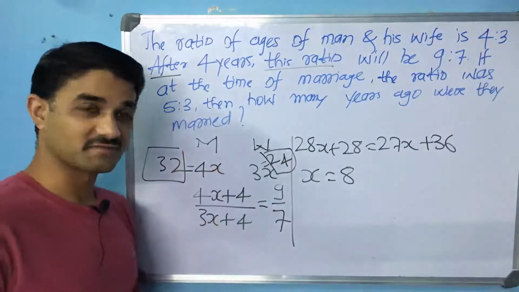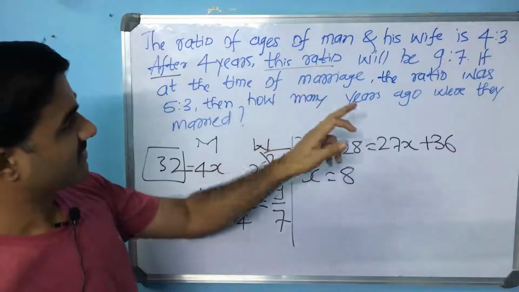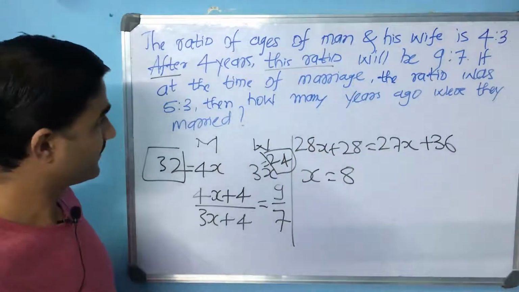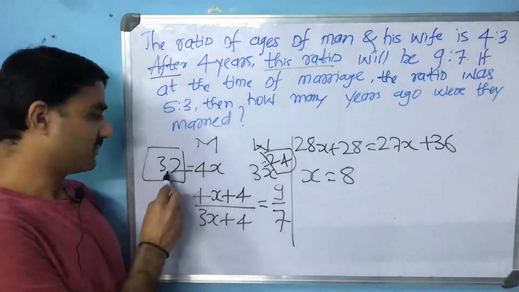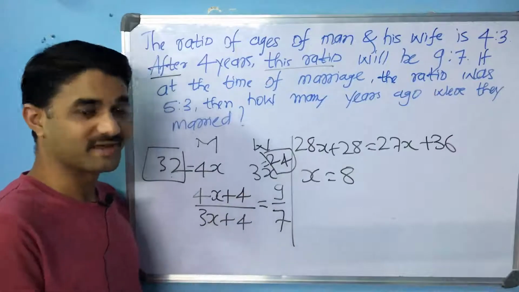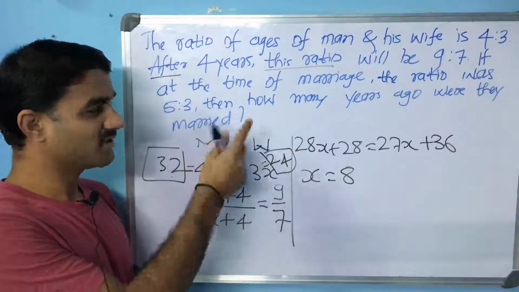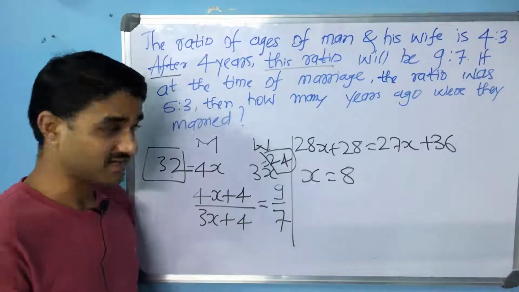This is 50% of the problem. If at the time of marriage the ratio was 5:3, then how many years ago were they married? Now the man is 32 and his wife is 24, but a few years ago they got married, and how many years ago they got married was asked.